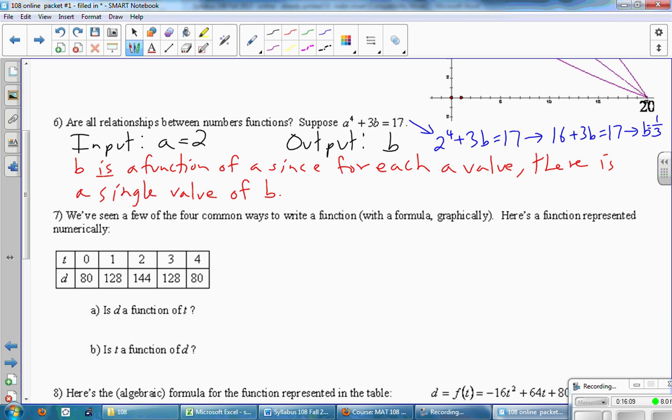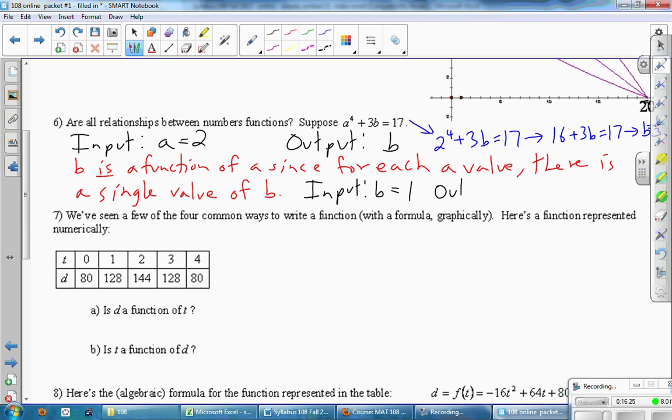But let's take a look at the other direction. Suppose now that we decide that we want our input to be b, and I'll make up a number. Let's say b equals 1. And that means that the output is a, and let's do some algebra to find what value of a we get.